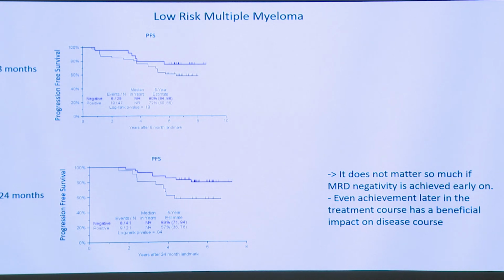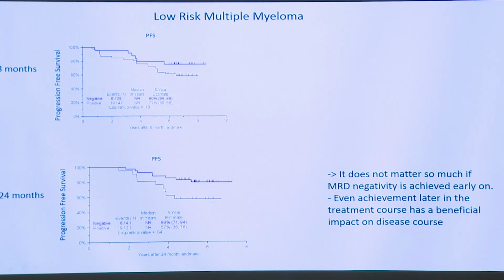So what we've seen in patients who have low-risk disease, and this is our data from our institution, is that we tested MRD levels 8 months into treatment, which typically means if you're treated aggressively after your stem cell transplant. And then we tested MRD levels after 24 months of treatment initiation, so that's typically when you're in maintenance.